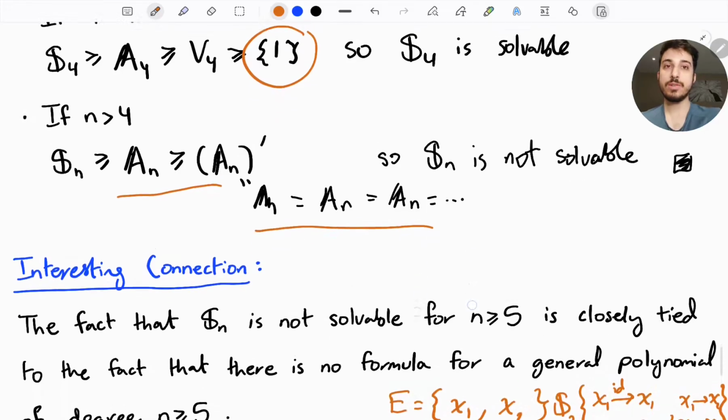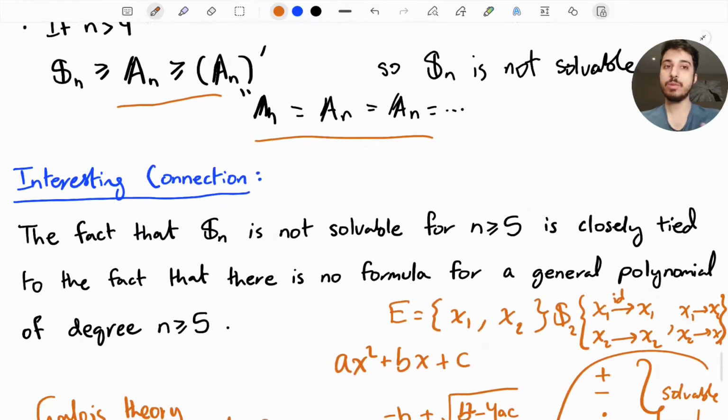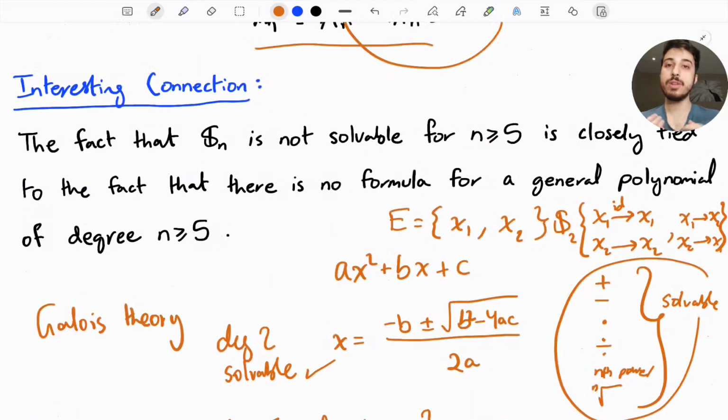So because for n bigger than or equal to 5 we can never reach the trivial subgroup, we can conclude that polynomials of that degree are not solvable. This is one of the most fascinating results that have arisen from Galois theory.